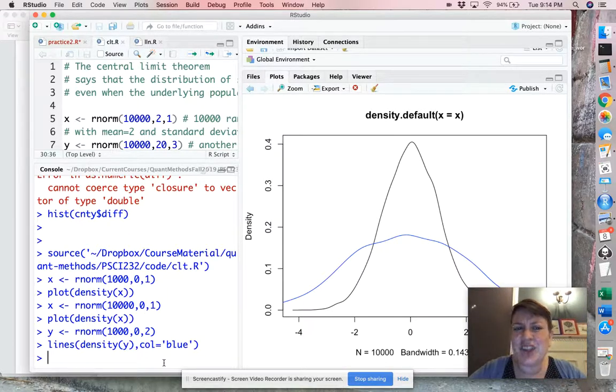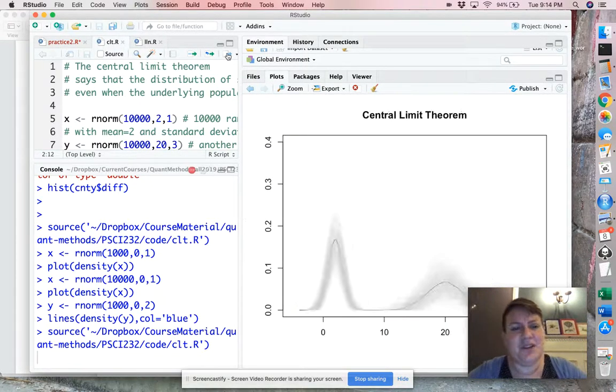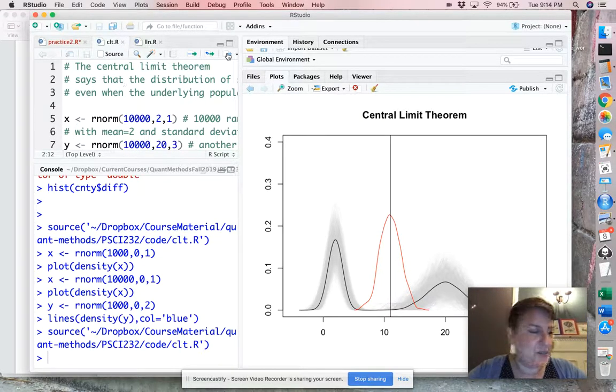Okay, but let's look back at the central limit theorem. So I'm going to run this fancy thing again. We're going to draw a different picture. There's our picture. Okay, took a while to draw. Did you see that? That's because what I did in this picture was to take from the large, weird-shaped underlying population, I took 1,000 samples.